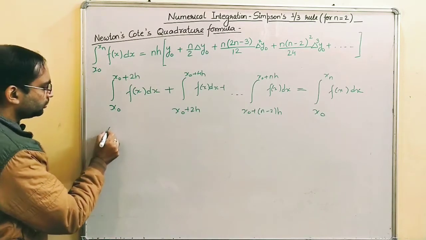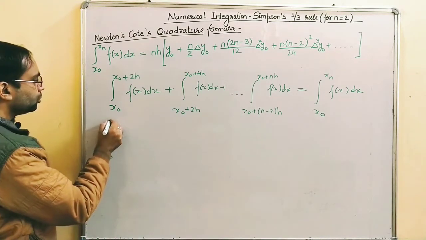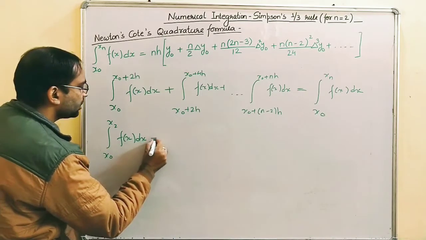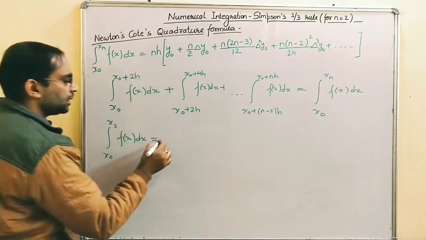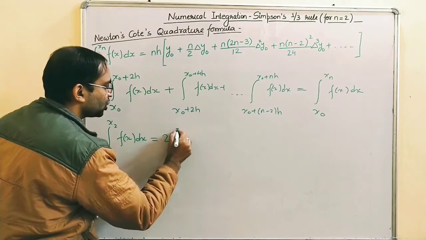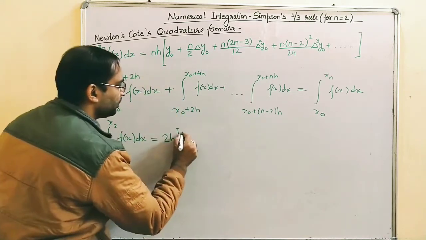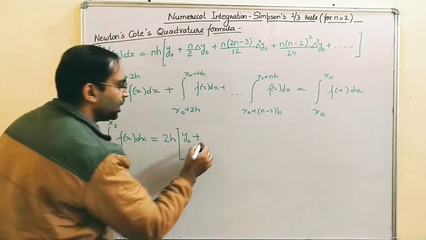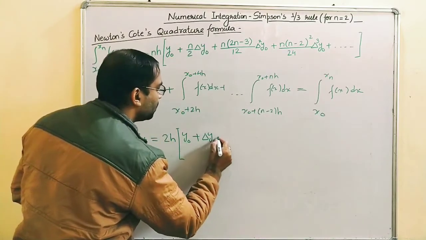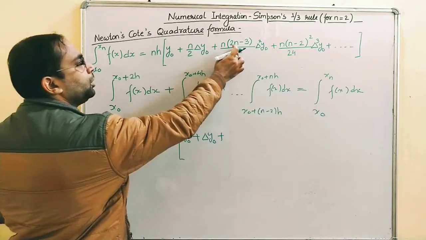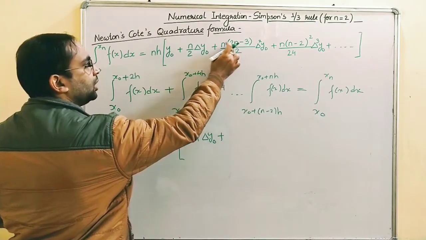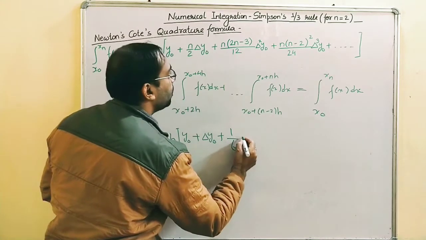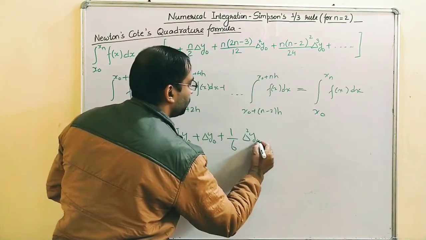So this will become x0 to x2 f(x) dx is equal to, n is 2, so this will be 2h. Within the bracket this will be y0 plus 2 upon 2, that will be 1, so del y0, plus 2 into 2, 4 minus 3, that is 1, 2 upon 12 is 1 upon 6, so this is 1 upon 6 del 2 y0.